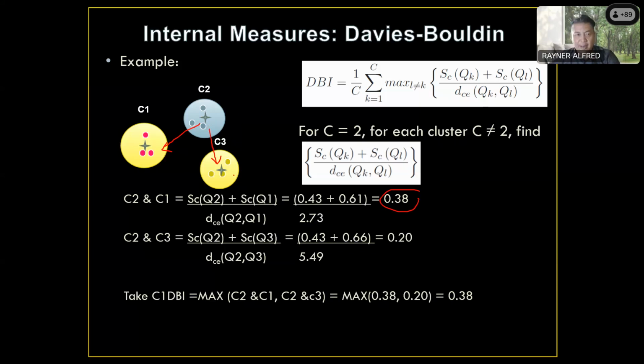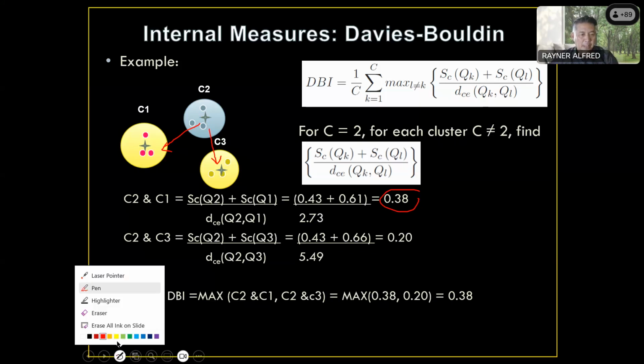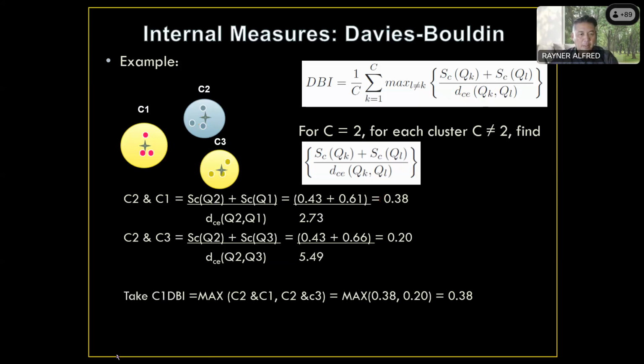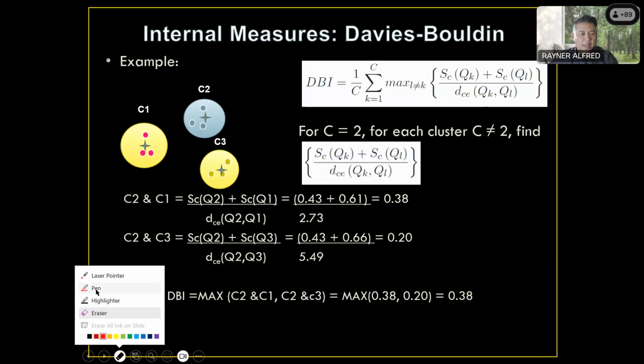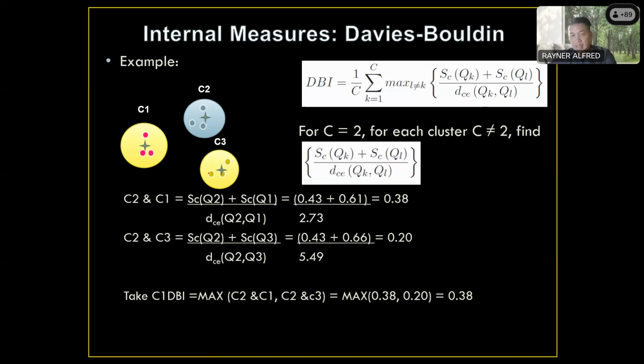Let me erase that one. Okay, now we are starting on the next one. We set cluster 2 as our main reference. We want to know what is the worst scenario between cluster 2 to cluster 1 or cluster 2 to cluster 3.